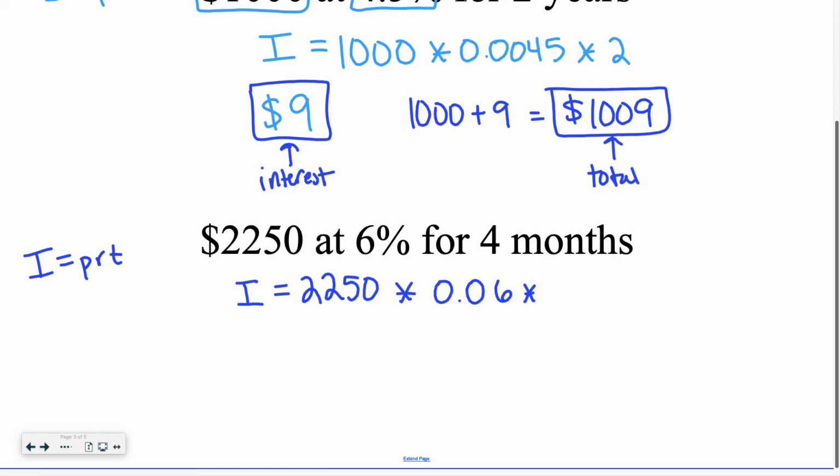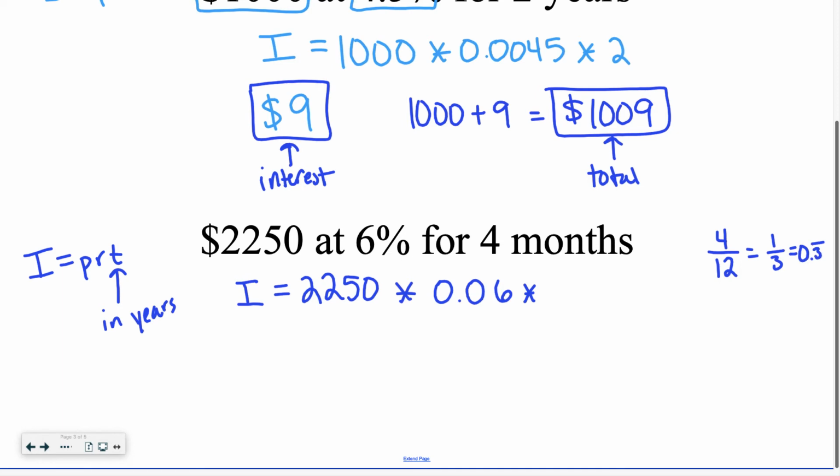Okay, remember, I always say that it's time in years. So 4 months is how much of a year? How many months are in a year? We know that there are 12 months. So I'm going to convert 4 months to years by saying 4 divided by 12, which is 1/3 or 0.3 repeating.